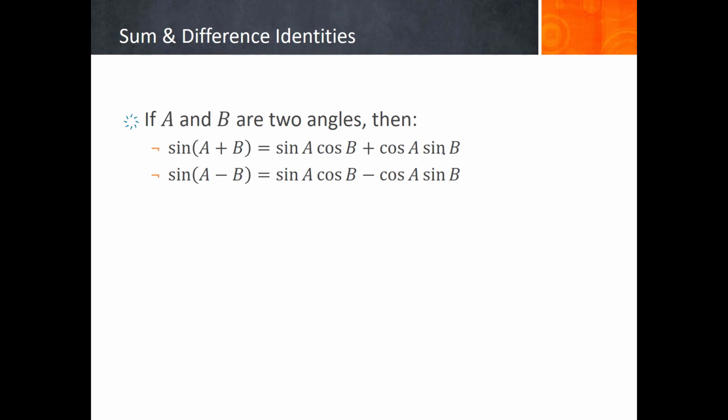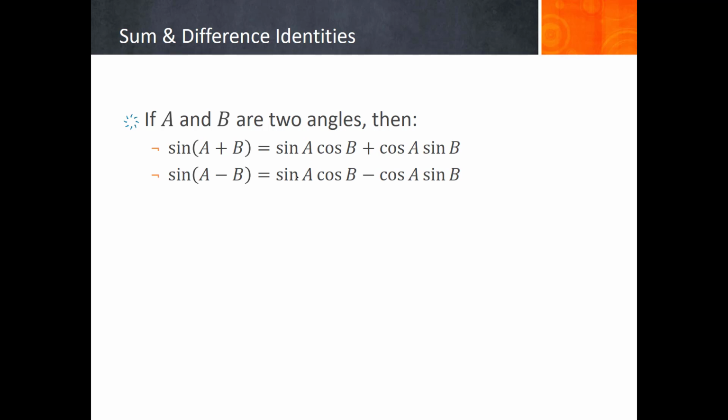But you still have to be familiar enough with the identities that when they appear in a problem, you recognize them. So you should be familiar with the sine of a plus or minus b and how that can be re-expressed as sine, cosine, cosine, sine. And it's going to be a little different when we get to the next group of properties. So again, you don't have to have these perfectly memorized, but you should be very familiar with them once you see them.